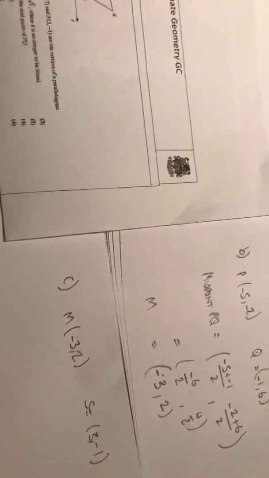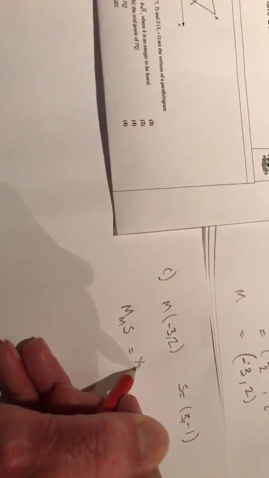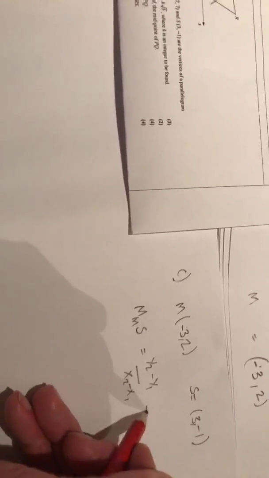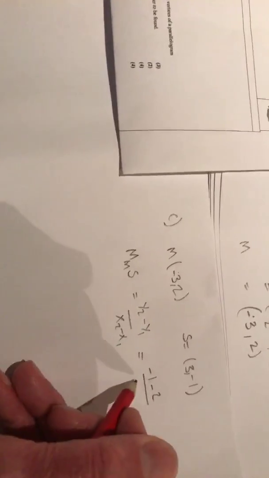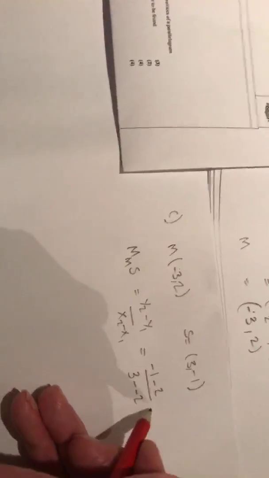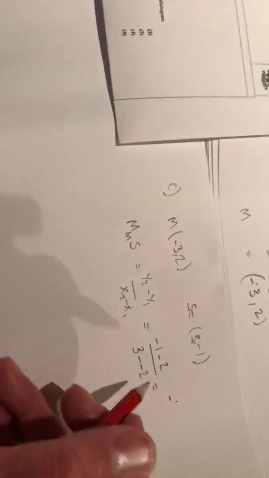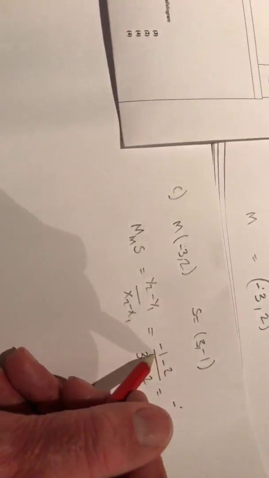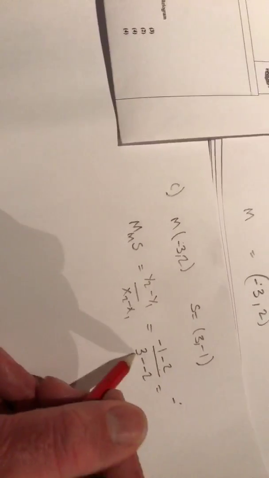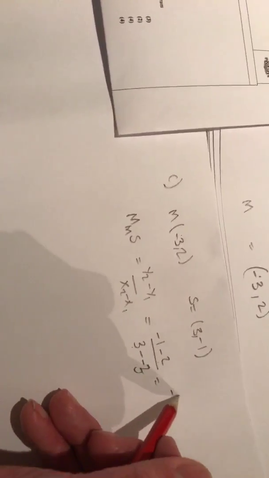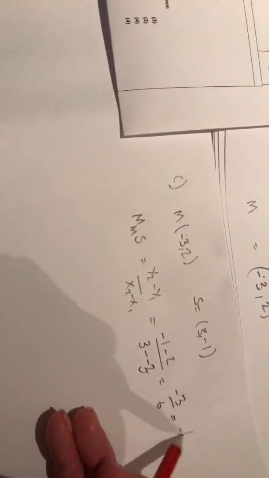So the gradient of MS is y2 minus y1 over x2 minus x1, which would be -1 minus 2 over 3 minus 2, which is -3. Let me just double check that. y2 minus y1, x2 minus x1. That should be a 3, shouldn't it? Yeah. So that gives you -3 over 6, which is -1/2.